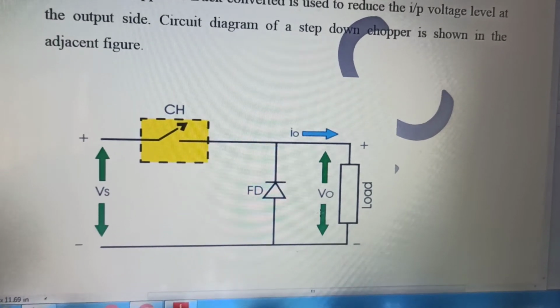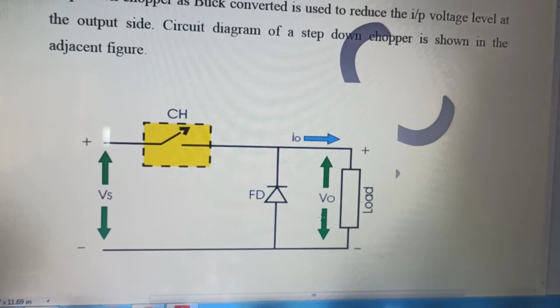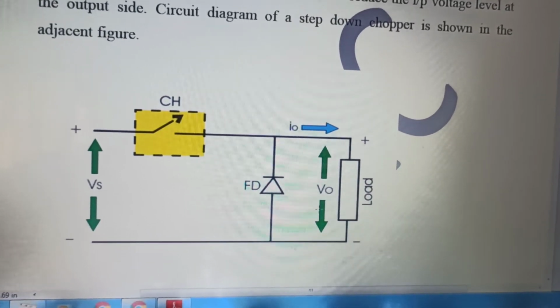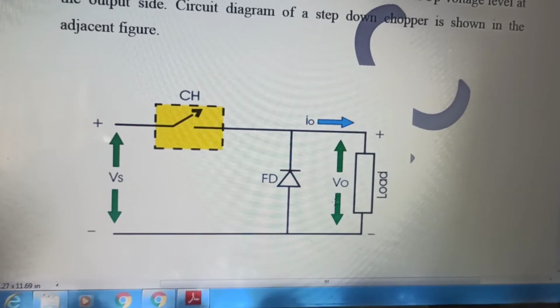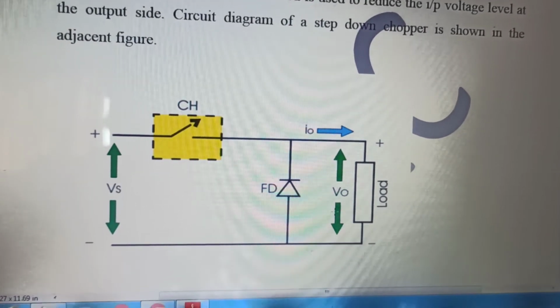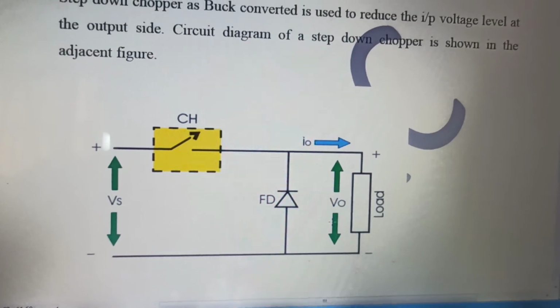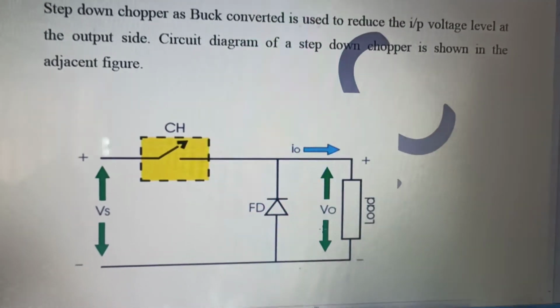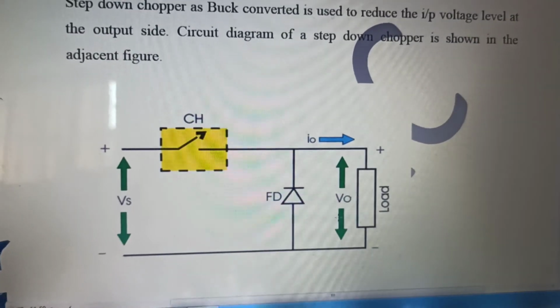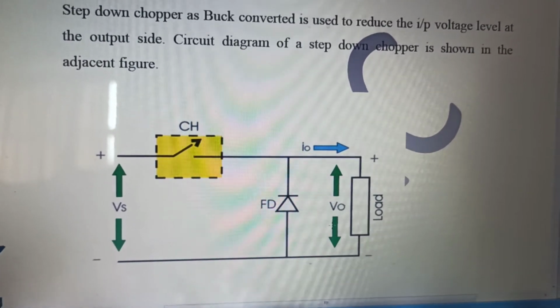And there will be a freewheeling diode that is shown here in this picture. That diode will serve two purposes. First purpose is that, for example, the inductor is getting charged, and it will store energy. That energy needs to be dissipated. The dissipation of that energy is very important. Else, where will the energy go?